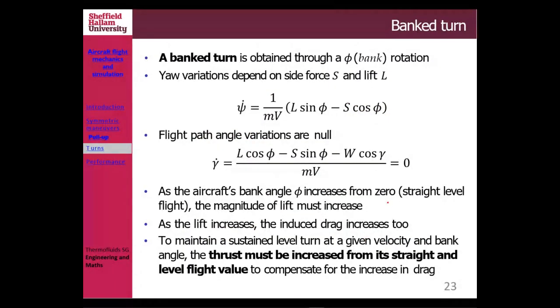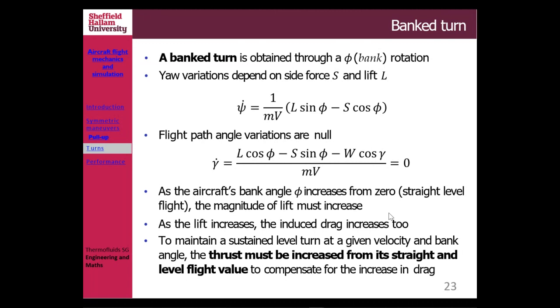Okay, now if we talk a bit more about the bank turn, obviously you could obtain it through the bank rotation. So the yaw variations depend on the side force and the lift, and the flight path angle will have unknown variations.